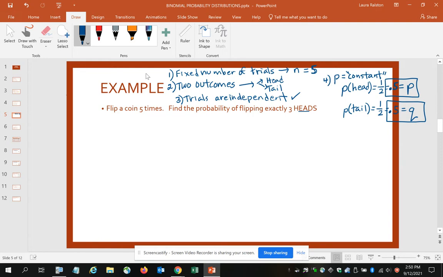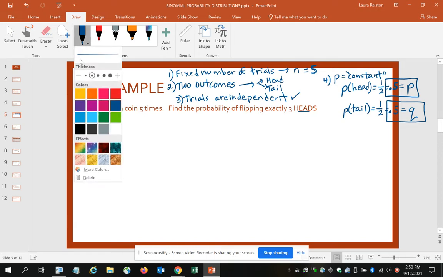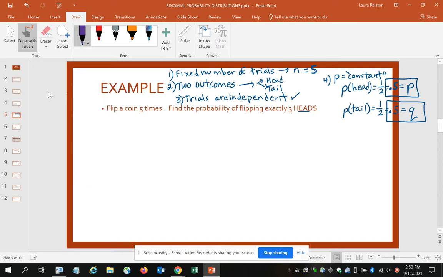So then I'm going to plug into that lovely formula that was on the last screen, and I'm going to write it down here on this screen, and then we'll talk about it. We take n factorial divided by n minus x factorial times x factorial times the probability of success raised to the x power times the probability of failure raised to the n minus x power.